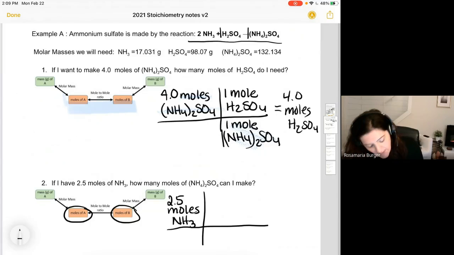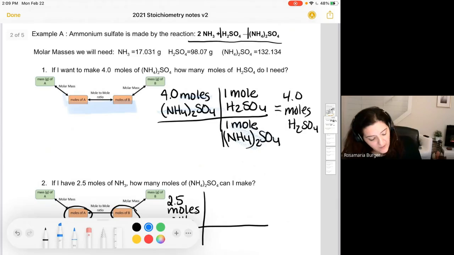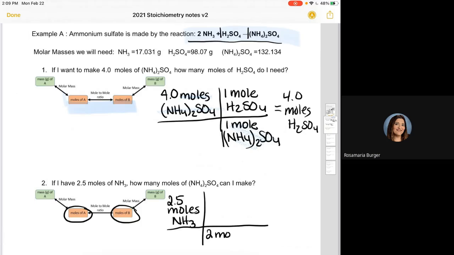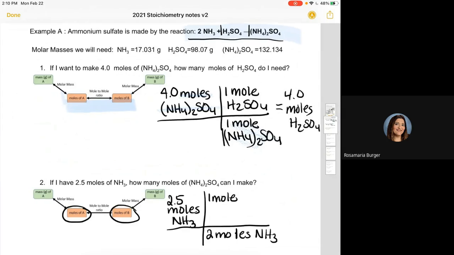And if you look at our chemical formula up here at the top, for every 2 moles of NH3, we get 1 mole of NH4 2SO4.